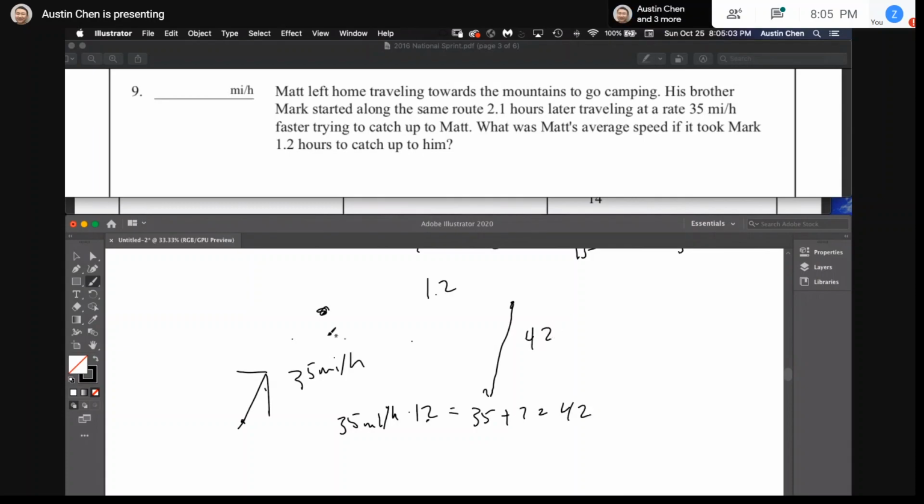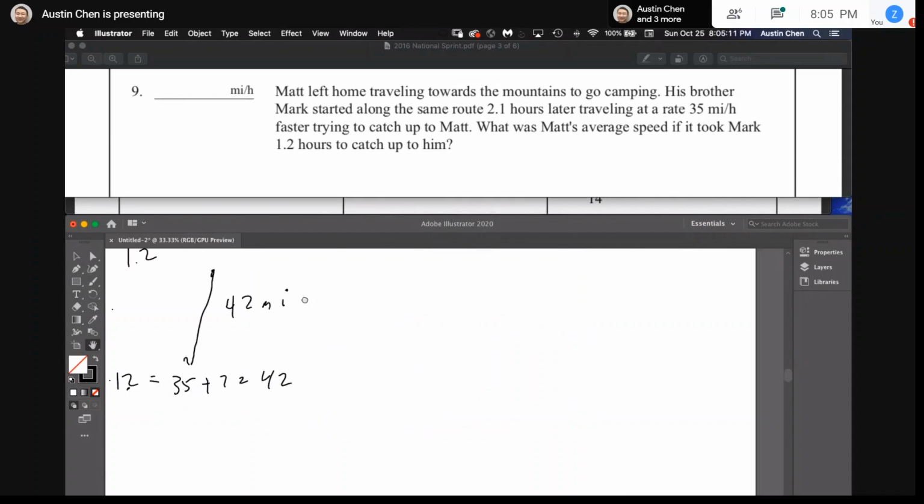Okay, so the initial distance that they were separated, or when Mark started, is 42 miles, right? So that means Matt went 42 miles in 2.1 hours, because Matt left first, and Mark came 2.1 hours later, right?